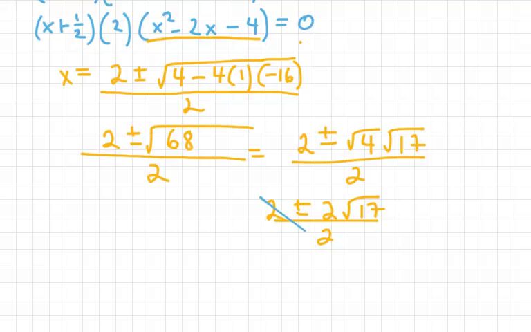I can cancel out my 2's. I get 1 plus or minus root 17. Okay, I still need the 1 because when I cancel out the 2's, I've got 1, 1, and 1. 1 plus or minus root 17.